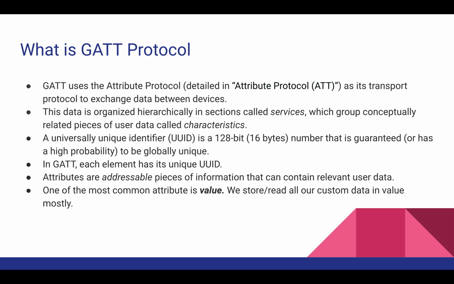Some attributes of a characteristic store metadata which describes the nature of the user's custom data, like whether the data is readable or writable, and whether we can subscribe to the characteristic so that the central will be notified whenever the user data is modified. This metadata attribute contains these types of information. I will cover all these details in this video after some time.